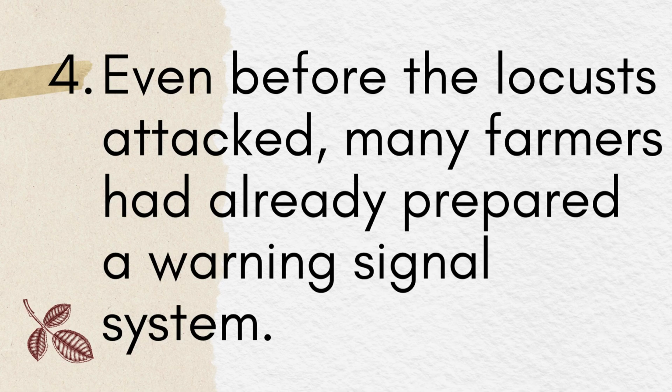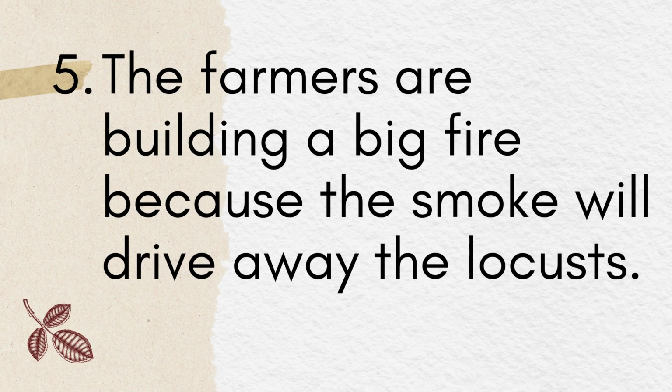So we accept this sentence. And lastly, another example is present progressive plus future. The farmers are building a big fire because the smoke will drive away the locusts. Are building is in present progressive, it is ongoing, and will drive is in future. It's the expected result. So this is acceptable because the future action depends on the ongoing action.